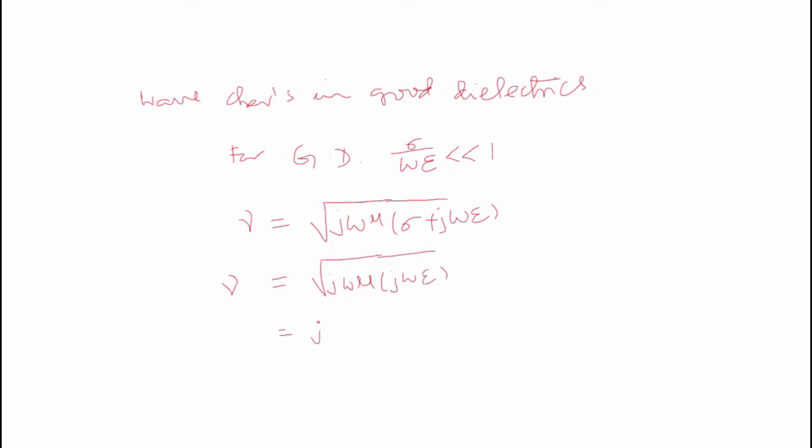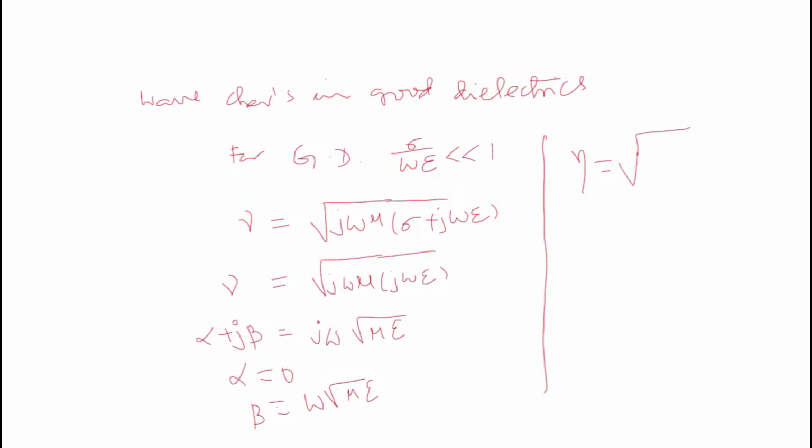That is, root j square can be written as j, and root omega square can be written as omega, under root mu epsilon. Here we have alpha plus j beta. By equating real and imaginary parts, alpha equal to 0 and beta is equal to omega under root mu epsilon.